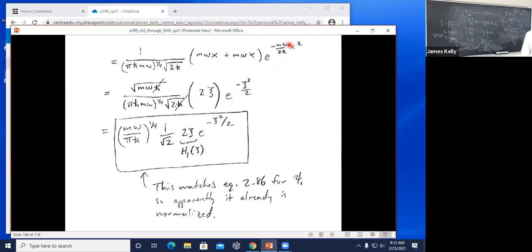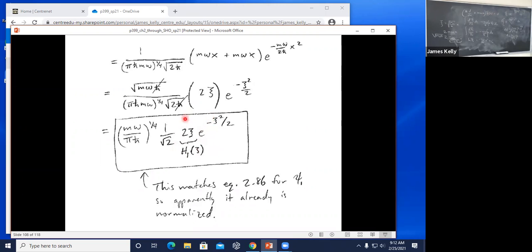Let's see. M omega over h bar times x squared is the square of xi. So this is minus xi squared over 2 in the exponent. And now for the constants out in front, there's a root h bar in the numerator and denominator, and you can combine together the pieces. It just keeps piling on worse and worse.